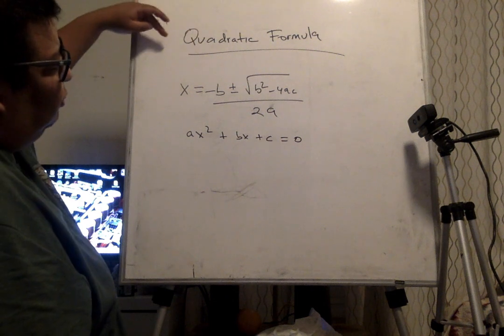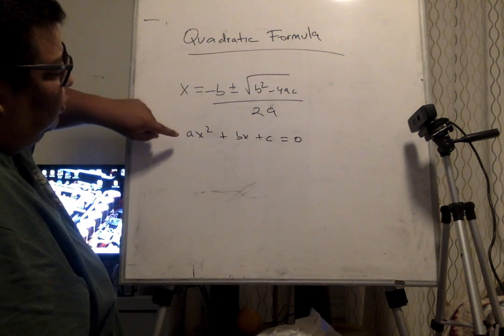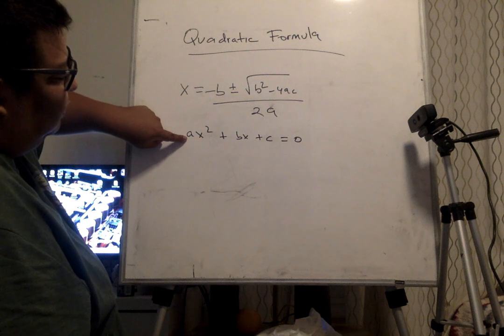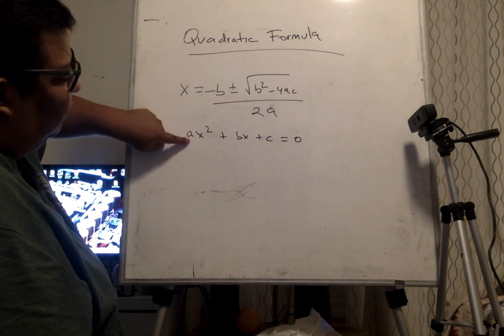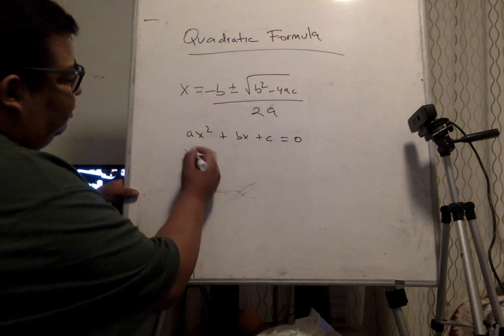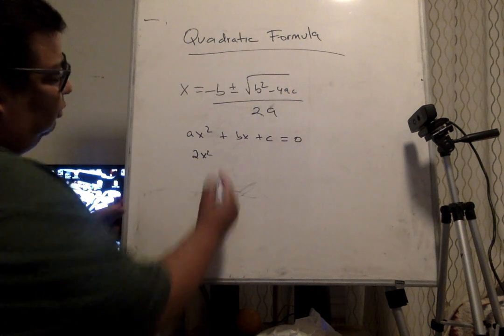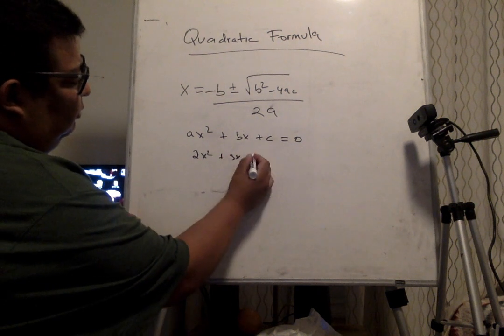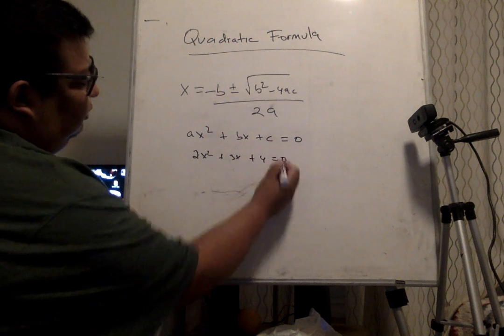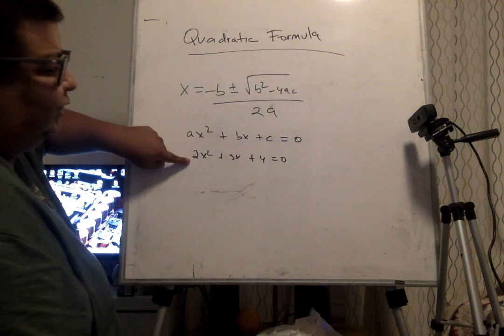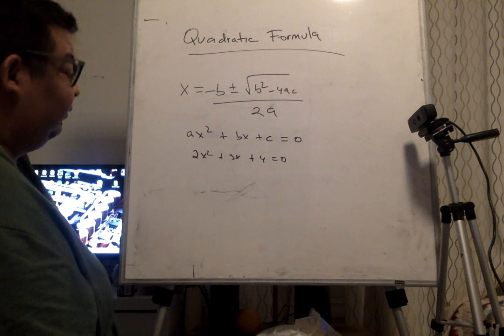When you use the quadratic formula, I suggest that you use it when you have a coefficient a that is not 1. For example, you have something that looks like this: 2x squared plus 3x plus 4 equals 0, or something that is not factorable easily.